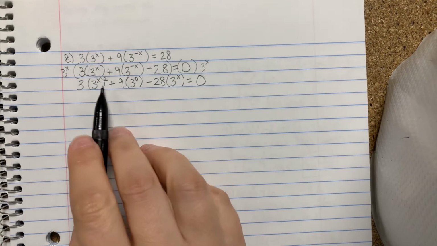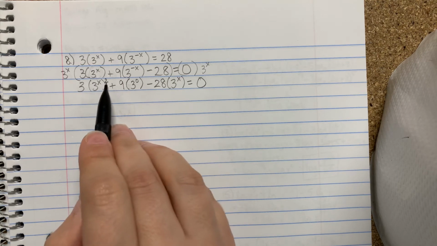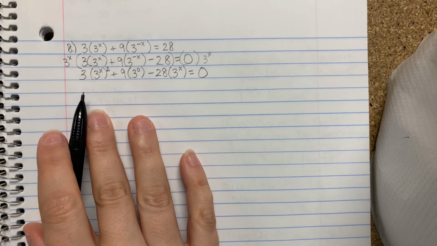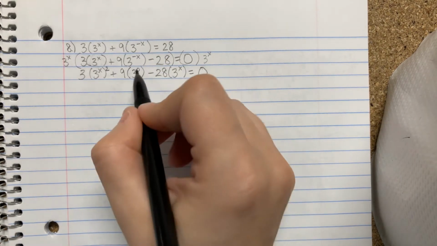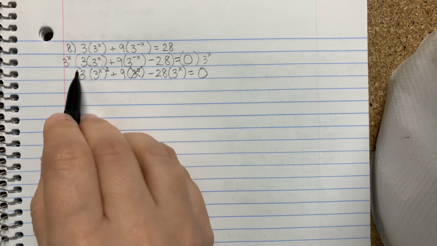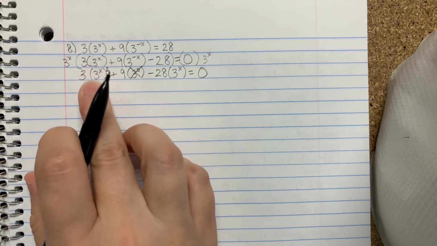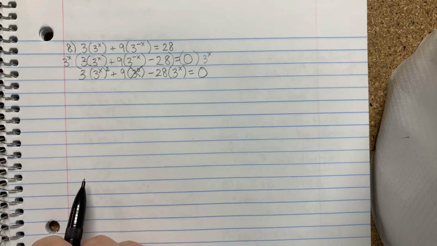Now, I left it looking like this instead of saying 3 to the 2x, to show you that, hey, this is a quadratic. So now this is really just 9, because anything to the 0 power is 1. So I'm going to put these in order. If 3 to the x was x, this is like an x squared, this one is like an x, and this one has none, right?